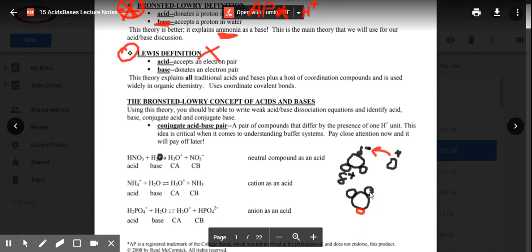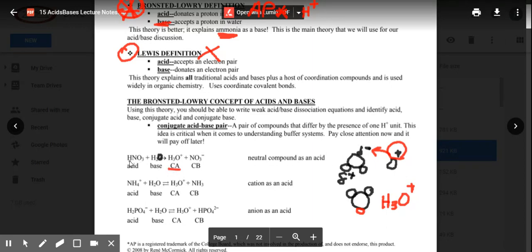And because it was neutral before and it got a positive charge, that's why this is H3O plus, the hydronium ion. And so, since we have the hydronium ion here, and it is a result of the base gaining that H plus, then that makes this the conjugate acid.